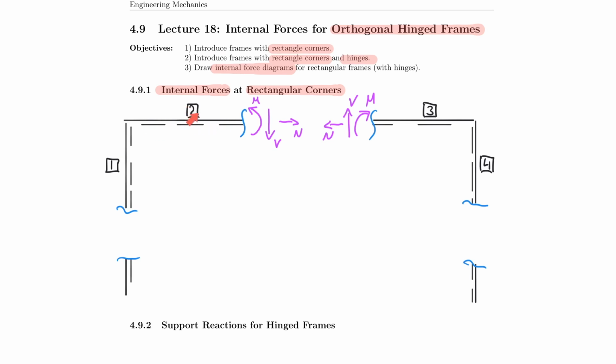For example, if I look at member 2 here, the x-axis is positive to the right, and then the y-axis would be positive upwards. The same is true if I shift my logic by 90 degrees here for member number 1. So the axis of the member actually becomes a vertical direction, and the positive and negative y direction is to the left and to the right of this member.